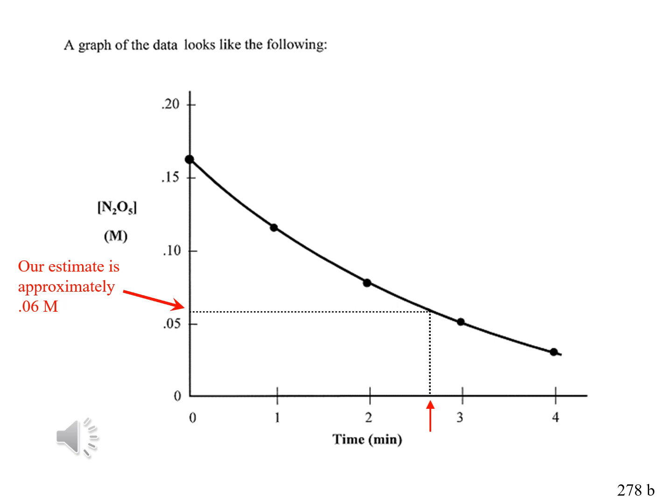If you start at 2.75 on the x-axis, go up to the curve and read across to the y shows that the concentration of N2O5 should come out approximately 0.06 as an estimate. We don't want to have to do it with a curve. We want to have to do it with the actual formula so we get the exact number.